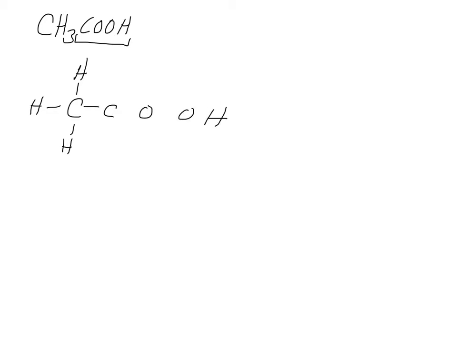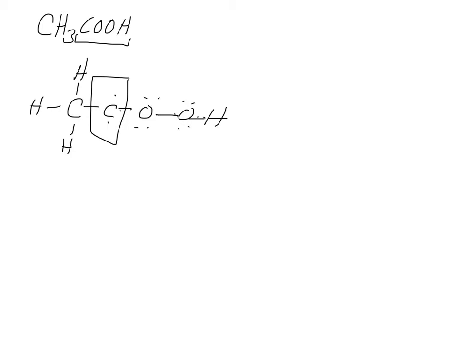If we went OOH, like that, then the carbon here would not have enough electrons. Well, I can't double bond to carbon because carbon can only have 8 electrons. Okay?